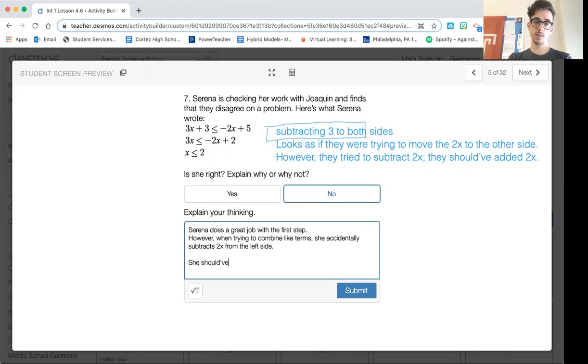She should have added and divided by 5 if you're so curious. I hope that helps. Let's keep this going.